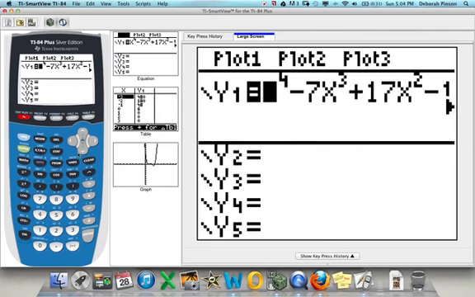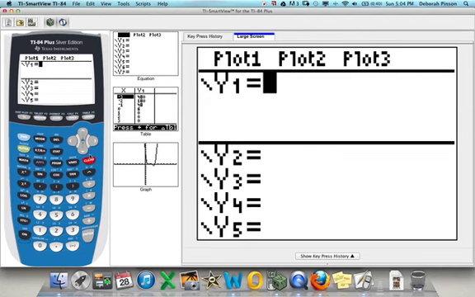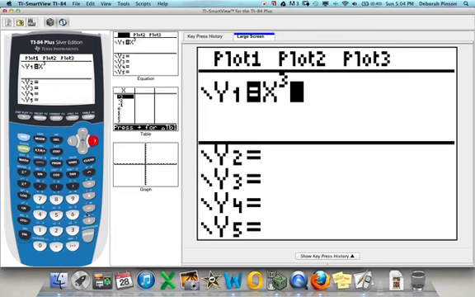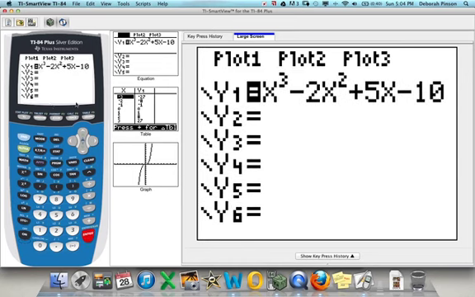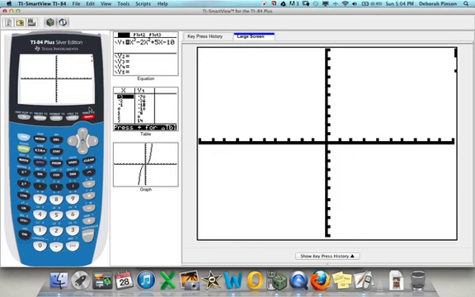And then I'll go to Y equals, and I'm going to clear that out and put mine in. So x to the third minus 2x squared plus 5x minus 10. Okay, and then I'll graph that thing.